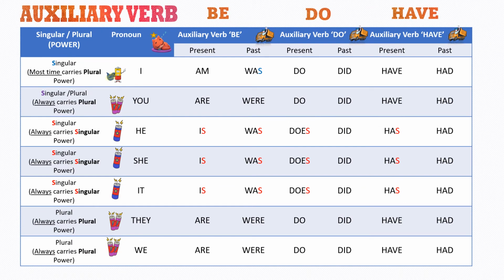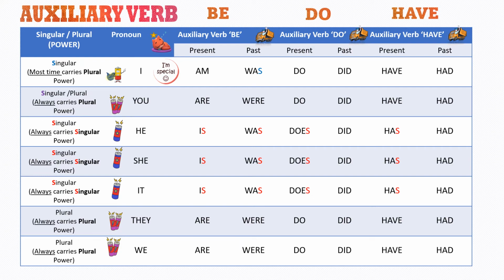This table summarizes what we have learned today. The key is to look at the power each pronoun carries. Remember, for the pronoun I, although it's singular, it carries plural power most of the time because I am special. The pronoun you always carries plural power even though it can replace either singular or plural nouns.